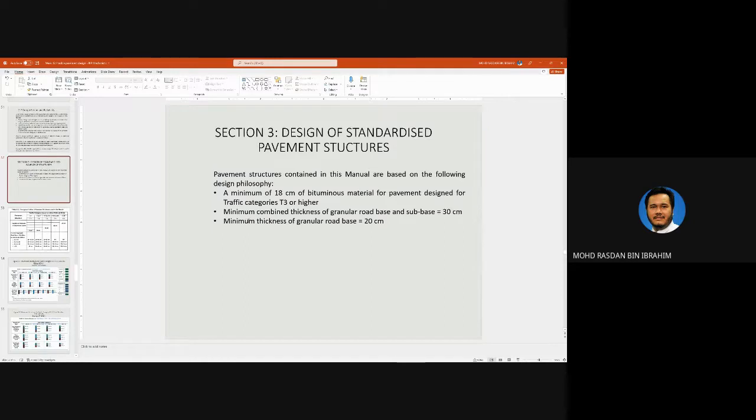But the minimum thickness of the road base must be 20. So if you want a minimum of 30 centimeters here, your road base is going to be at least 20 centimeters, and the sub base is 10 centimeters. This is for very low loading road, low volume.